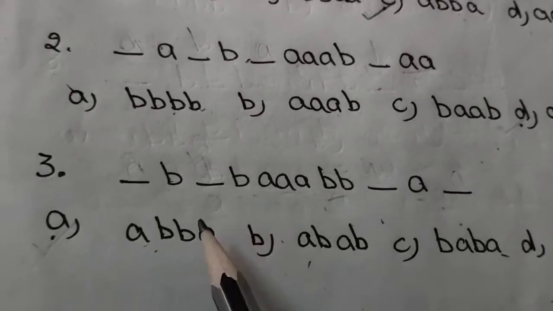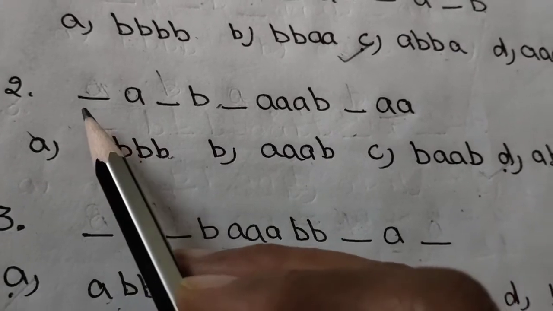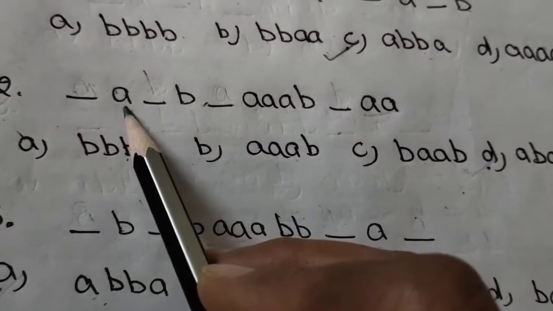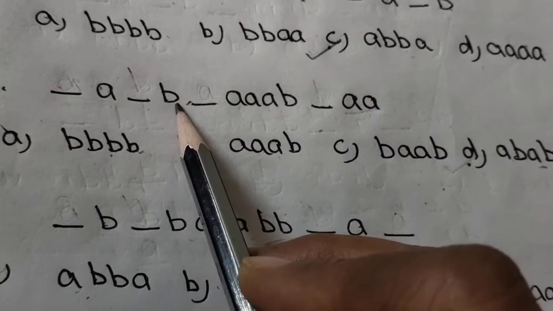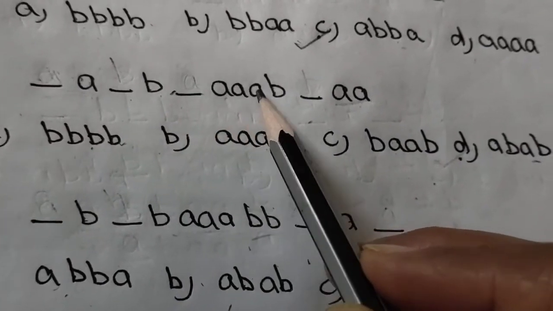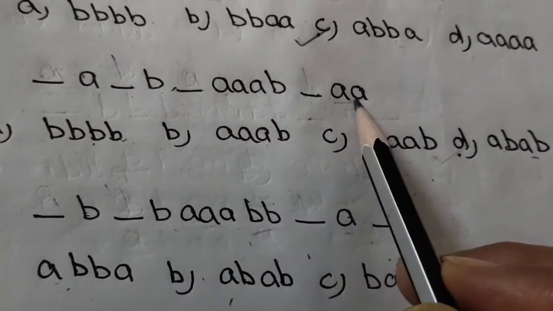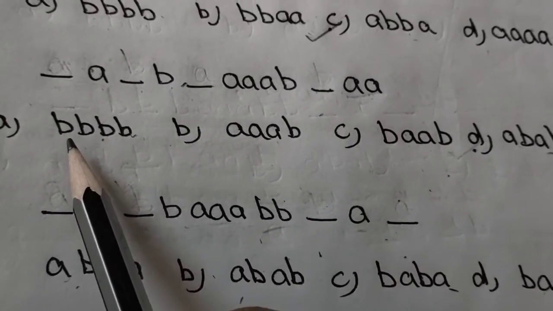In the same way, we will do the second question. It is dash A dash B dash A dash A. Options are given to you.